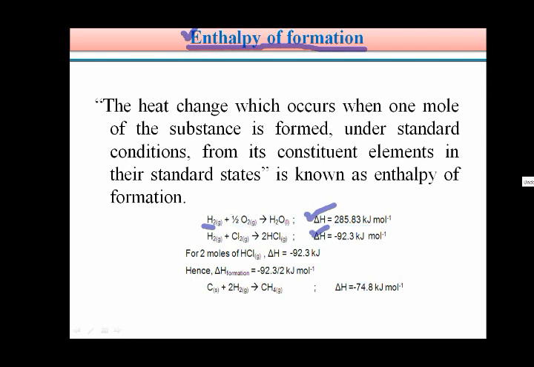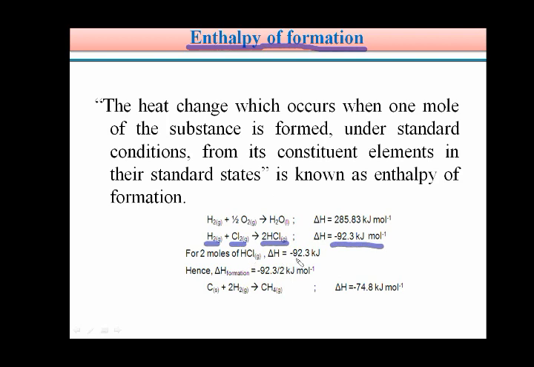Next, we can see one more example, HCl formation. H2 hydrogen gas and Cl2 gas combine to form 2 moles of HCl. For 2 moles of HCl we get minus 92.3 kilojoules. But for 1 mole, how much?